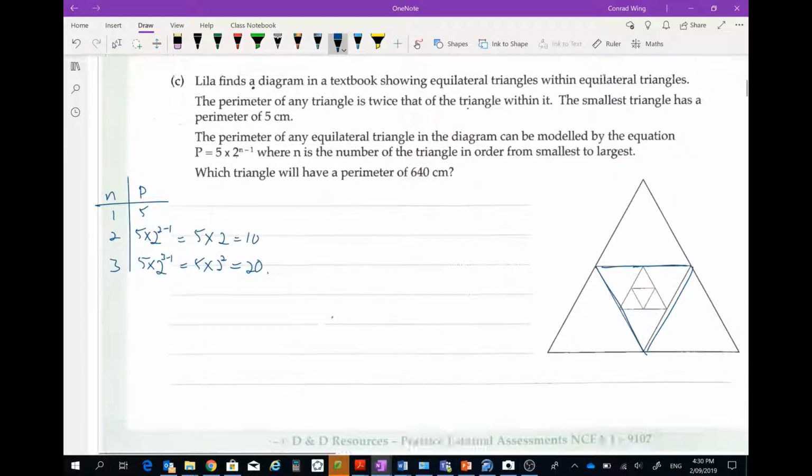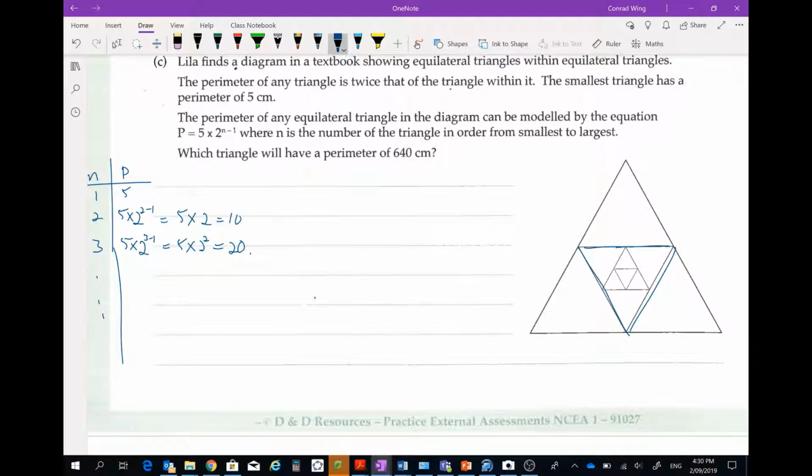So the question is really asking us, how far do I have to go until the perimeter is 640 centimeters? Okay, so we'll take the formula. This is P is 640, which is equal to 5 times 2 to the power of n minus 1.